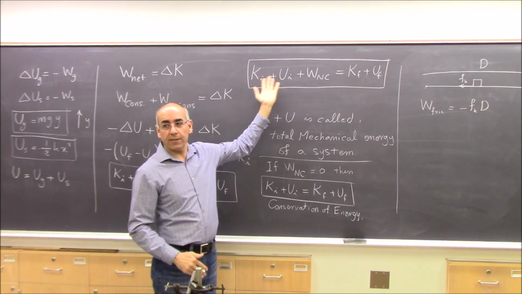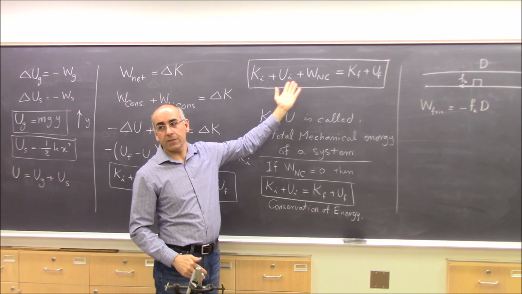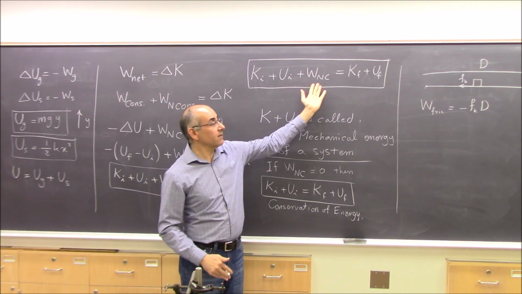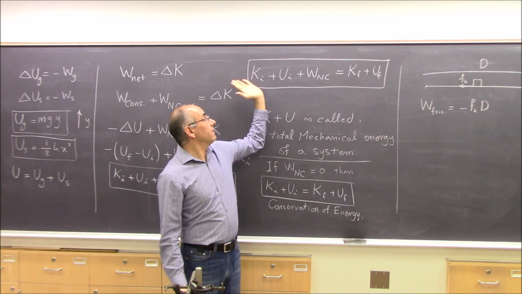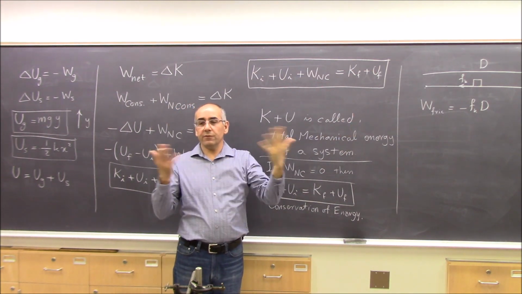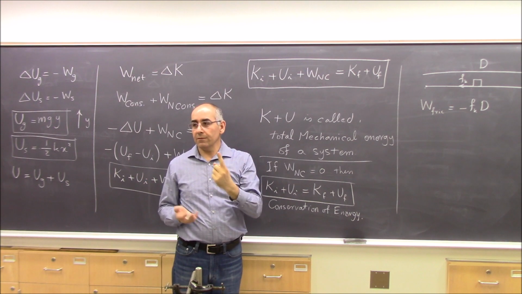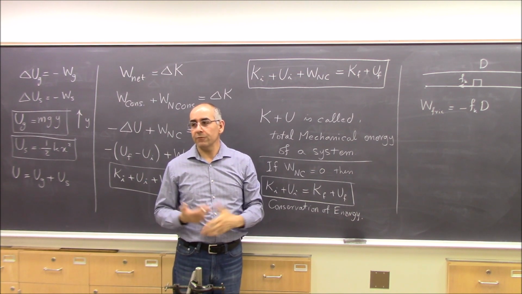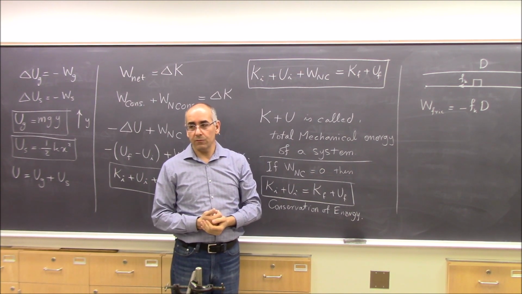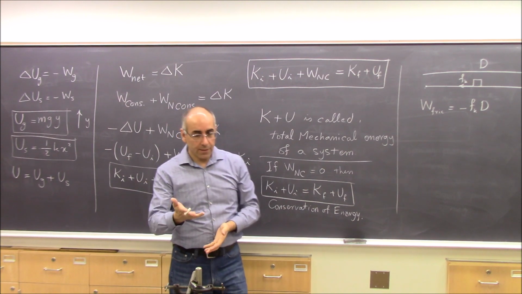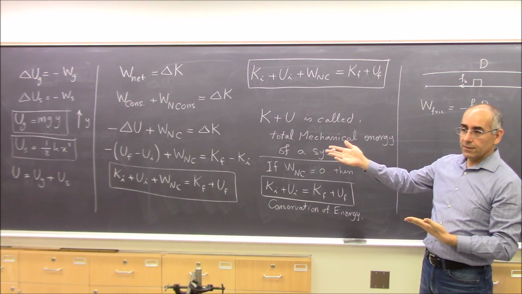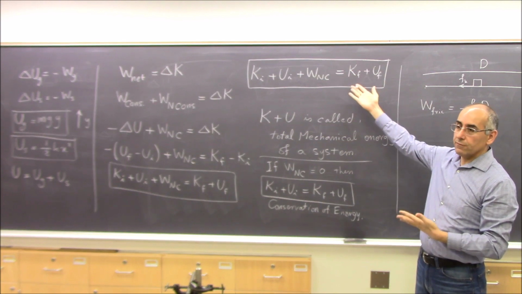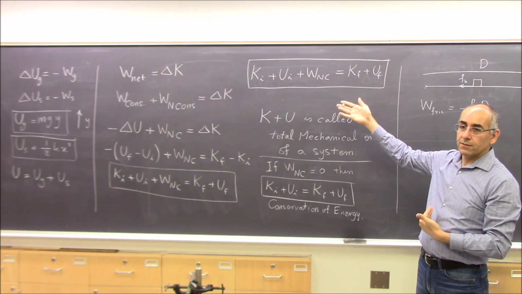Decide how much kinetic energy we have for each case, how much potential energy we have, if there is any work of non-conservative forces, and put everything in that equation. That gives you an equation to solve for one unknown. That's usually the way things work. Every problem that I did in the previous part with the work energy, now we can do with this. Instead of using work, we use potential energy.